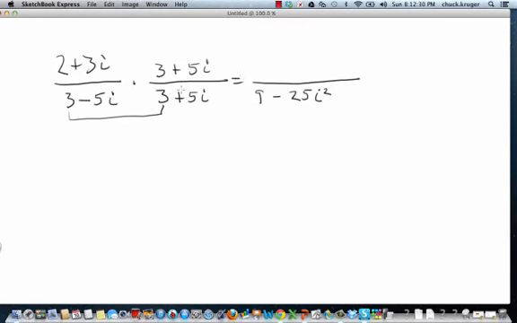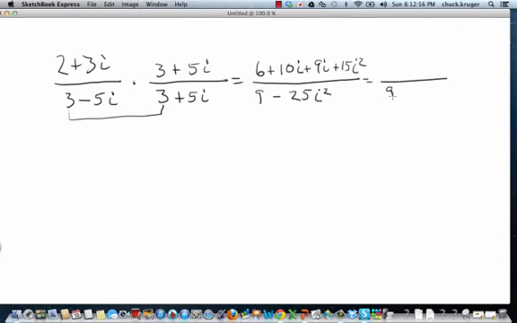And on top I'm going to FOIL mentally. 2 times 3 is 6. The outside is 2 times 5i, which is 10i. The inside is 3i times 3, which is 9i. And the last is 3 times 5, which is 15, i times i, which is i squared. And so that's my multiplication.